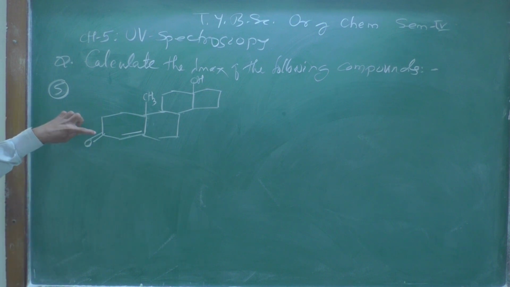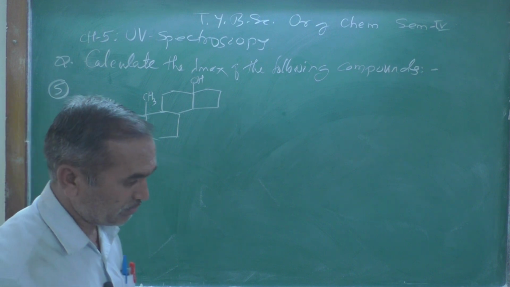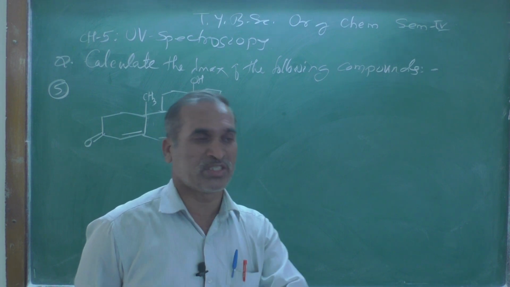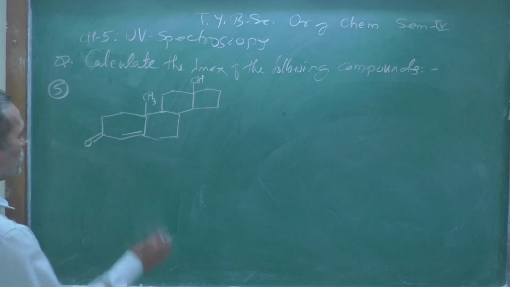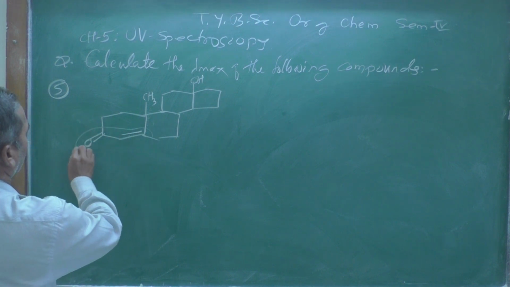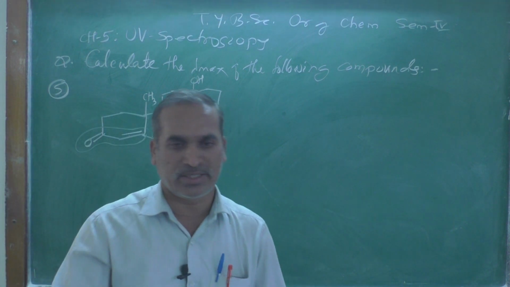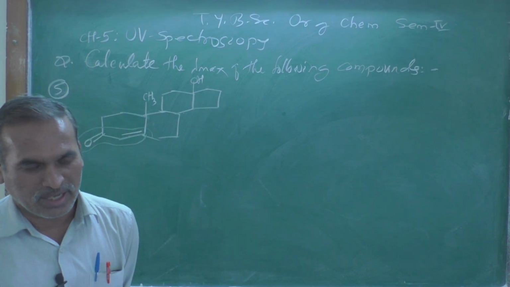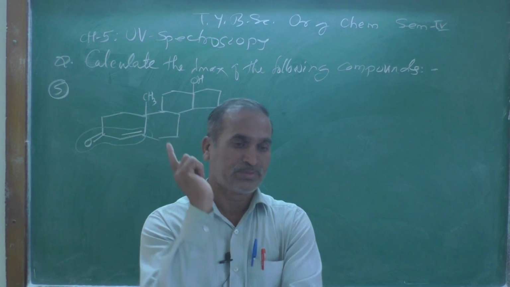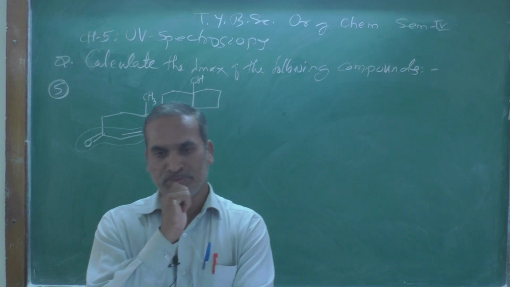Look at here, this is a carbonyl group, single bond, double bond, and therefore it is definitely the enone system, right? Once you identify the enone system, you can circle it like this.